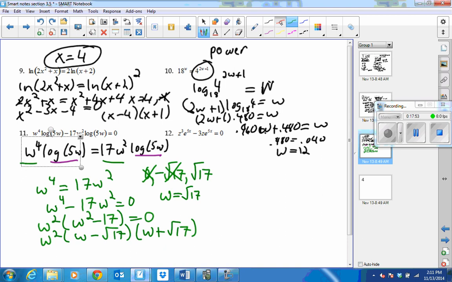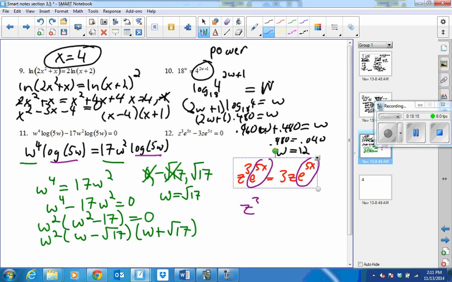Okay, last problem is essentially the same thing. So I'm going to say that z cubed e to the 5x equals 3z e to the 5x. So, because these parts are exactly the same, then z cubed must equal 3z.